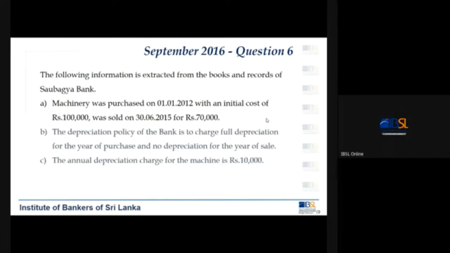The depreciation policy of the bank is to charge full depreciation for the year of purchase and no depreciation for the year of sale. Do you understand that terminology?